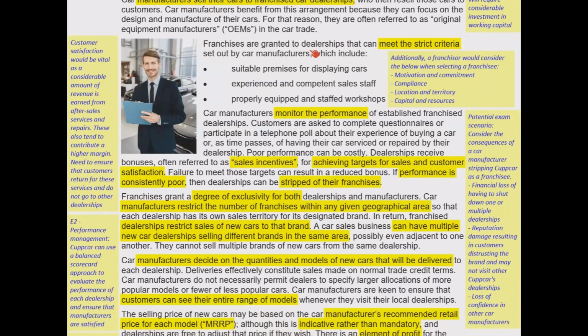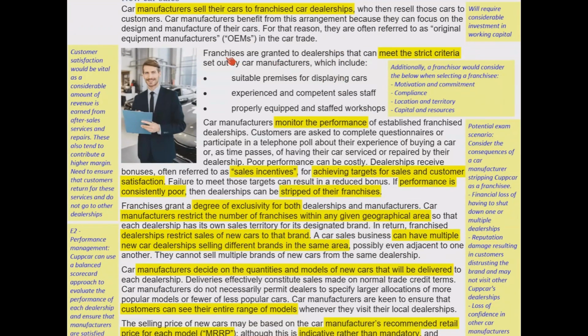Now, it points out that the franchises that the car manufacturer agrees with the dealership have strict criteria, the rules, if you like, the legal terms within that franchise agreement. Now, these bullet points set out some, and these are so important.